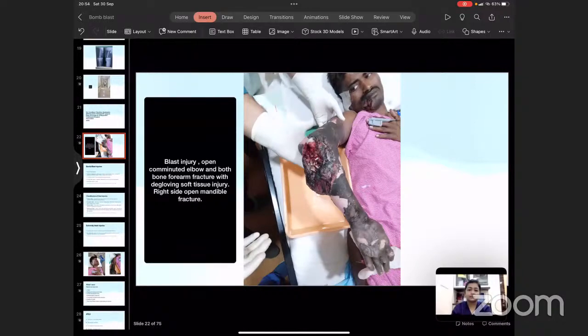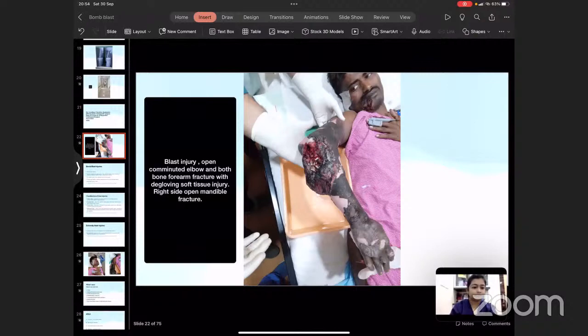You can see clearly that the elbow is completely shattered into pieces and it's open, and the radial head also dislocated, and soft tissue injury. You can see the soot everywhere and burn marks, and he also had a mandible fracture on that side. This gentleman was admitted in another corporate hospital for 4 days, and they were going to embark on above elbow amputation.